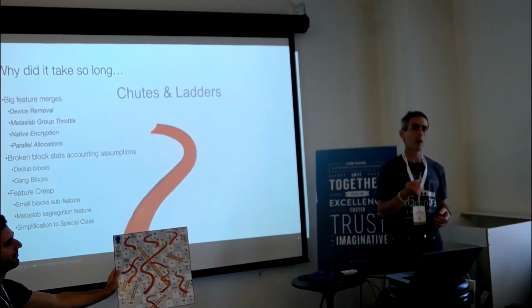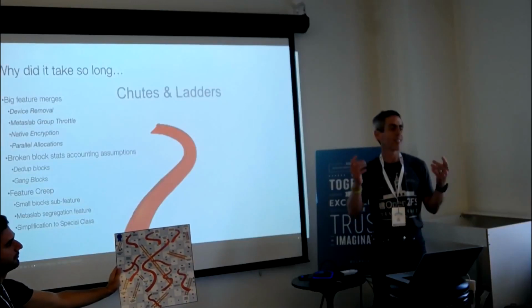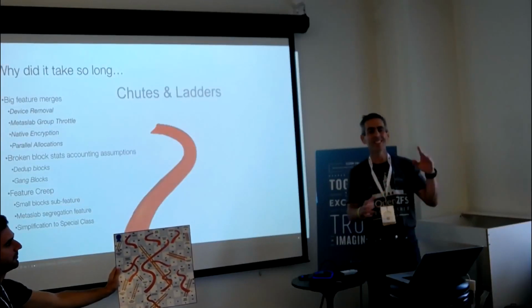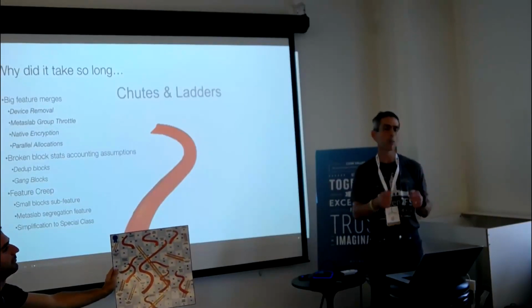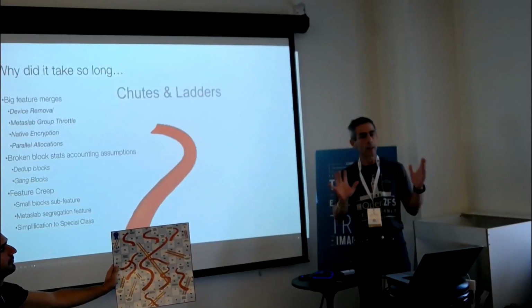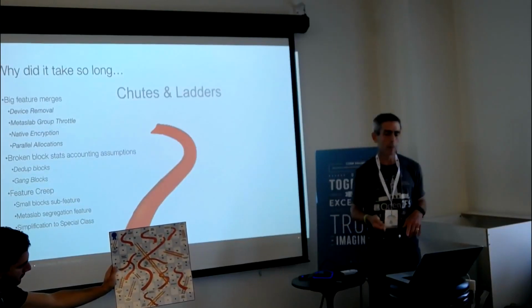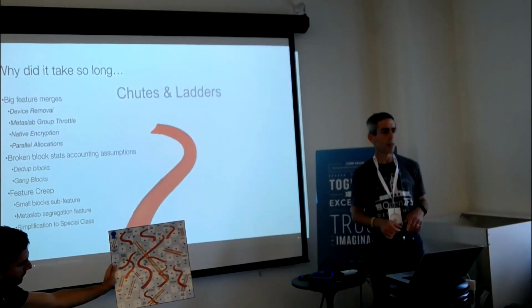Primarily, someone will say, I need to get the class, so I'll just call spa normal class. Well, there are multiple classes. You can't just assume that. So throttling, parallel allocations, device removal, those types of places. I had to go back and figure out what's the appropriate context to get the class. There is a new field in the ZIO structure that has the class where appropriate.